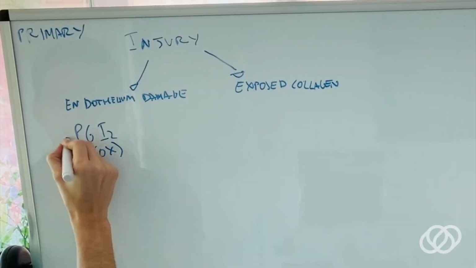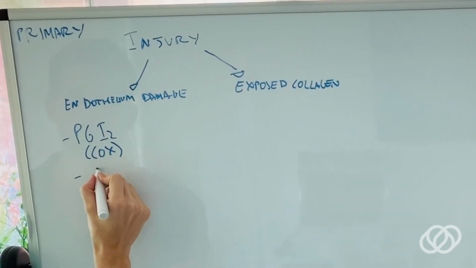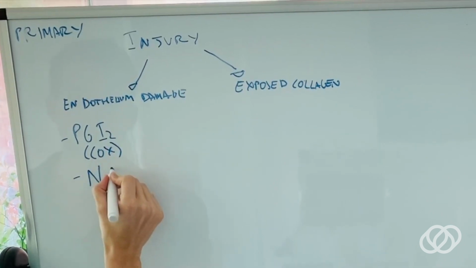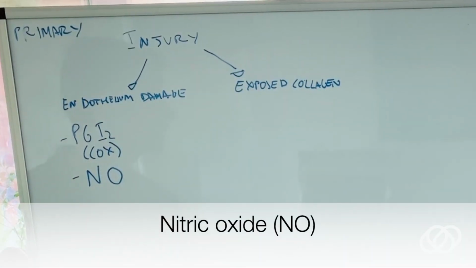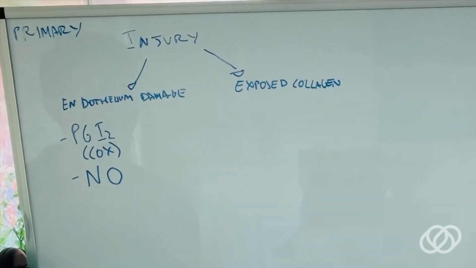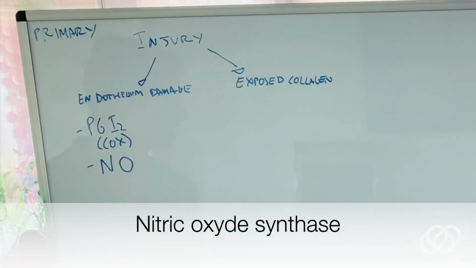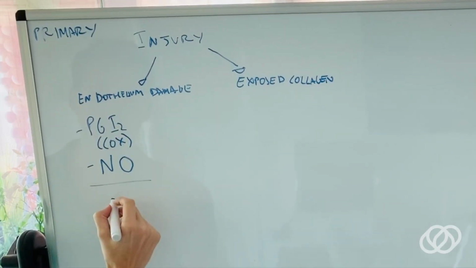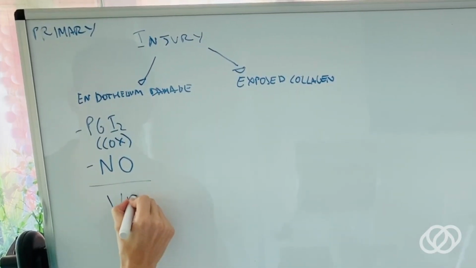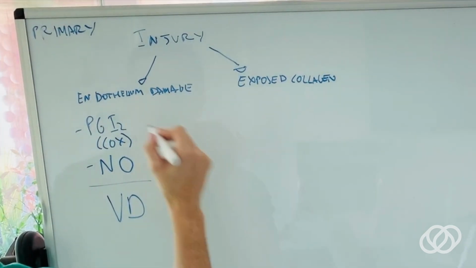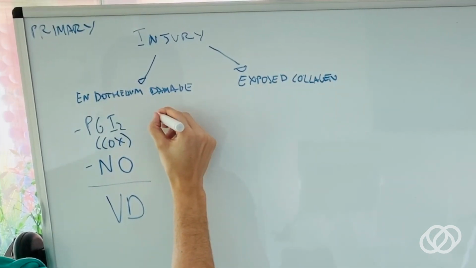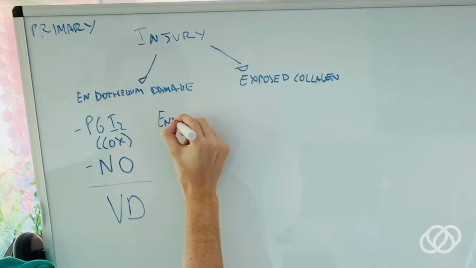Also, the endothelium produces nitric oxide. This nitric oxide is made by the nitric oxide synthetase that is in the endothelium. Those two are vasodilators. It produces other substances like, for example, endothelin.